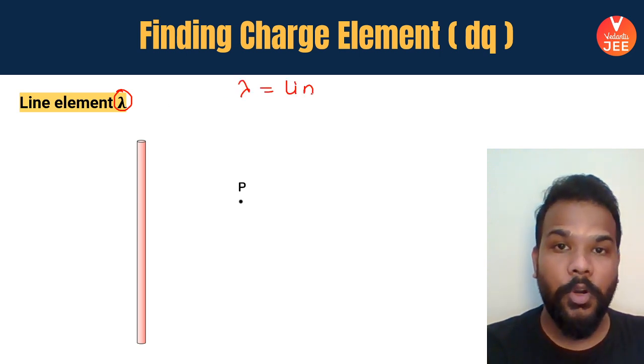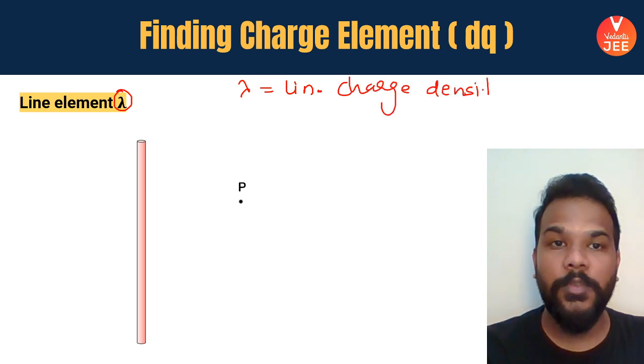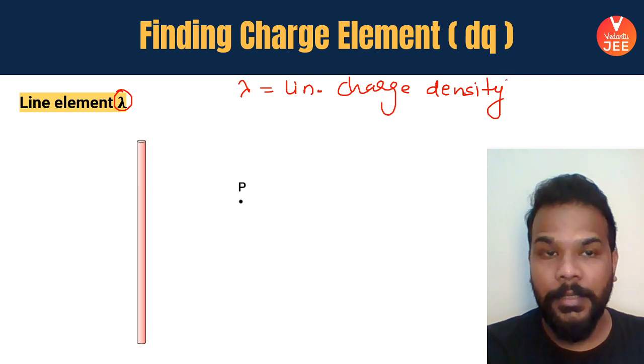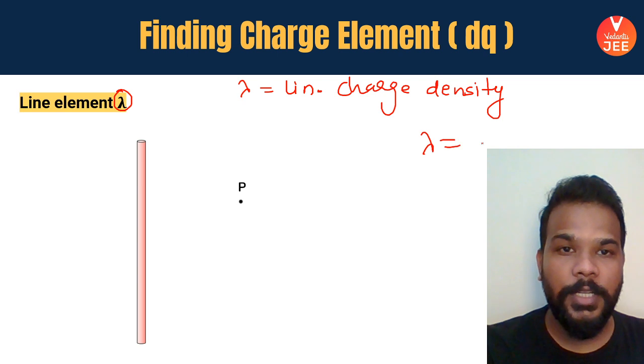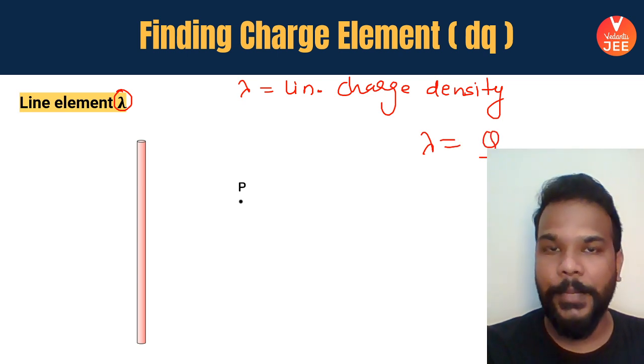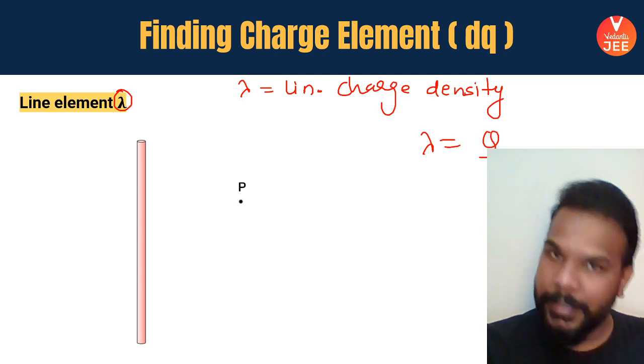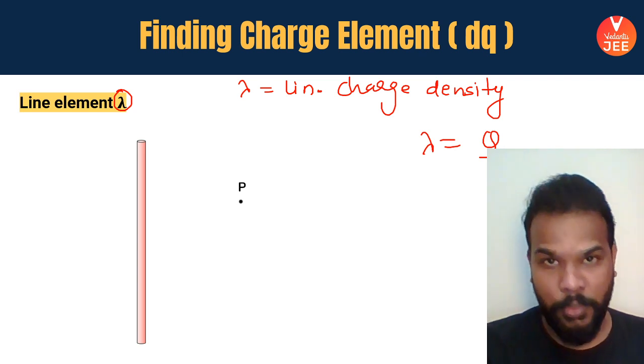Lambda is called linear charge density, which means charge per unit length. So whatever is the total charge on the rod, say the total charge on the rod is capital Q and its length is L, that will remain constant, is what we assume.